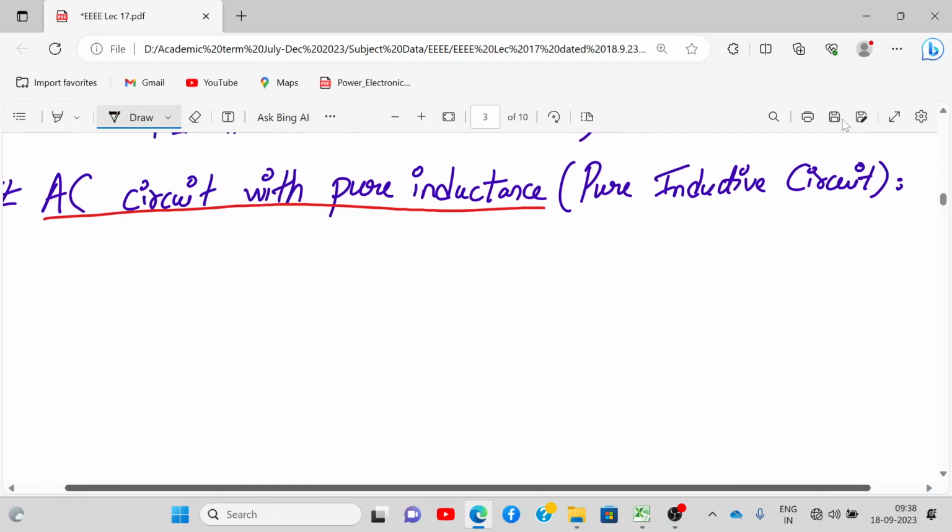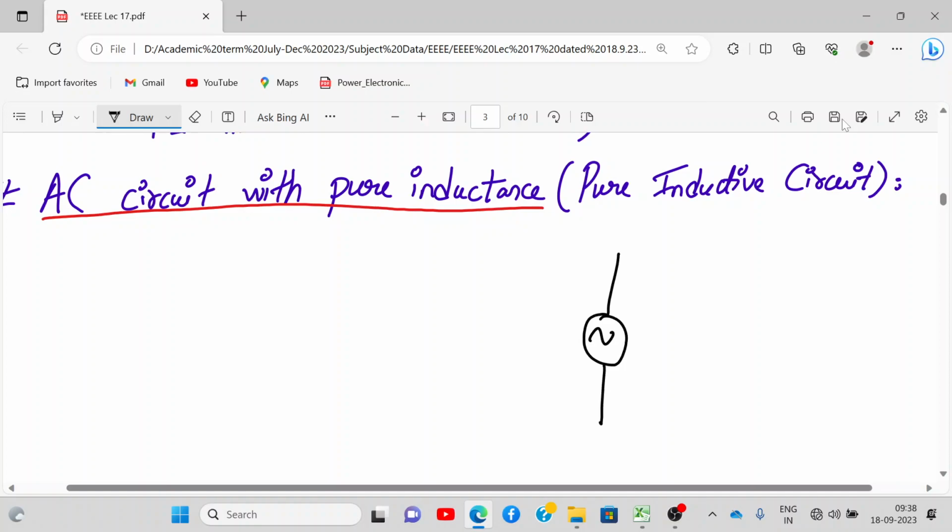Let's start. You have an AC voltage given by V. We know what V is, right? And it is applied to an inductor. The inductor symbol is this way. Don't make a spring. It's L, and the voltage across the inductor is VL. Current flowing through the circuit will be AC current.